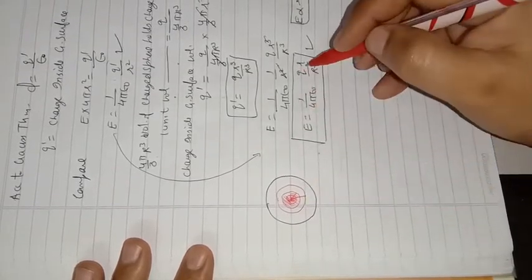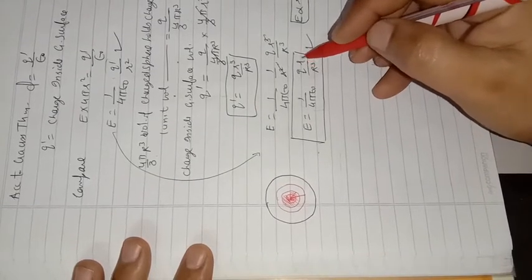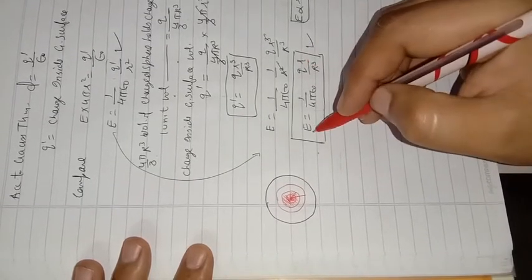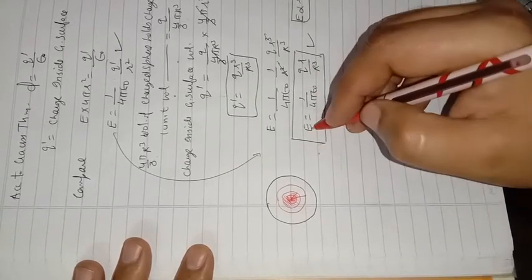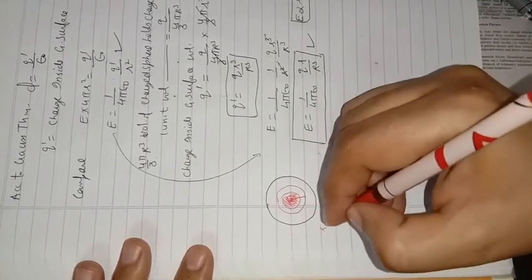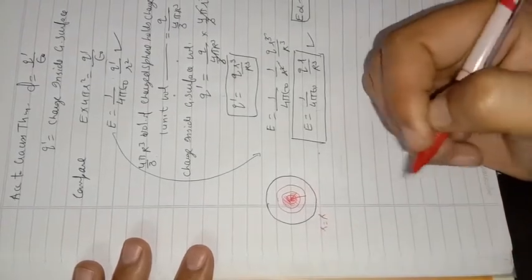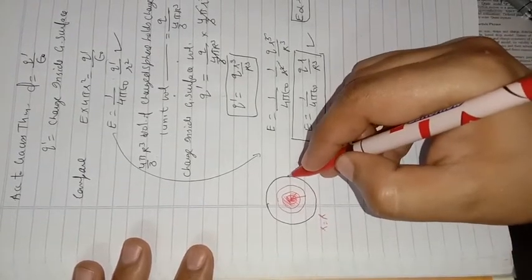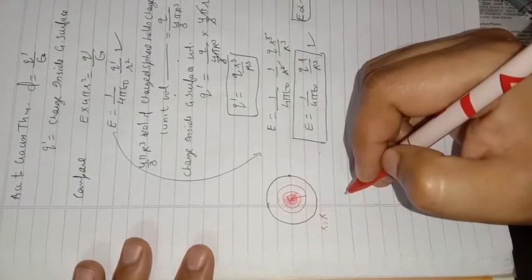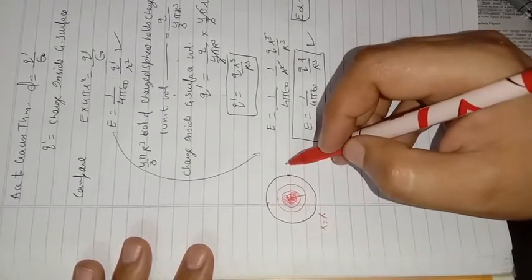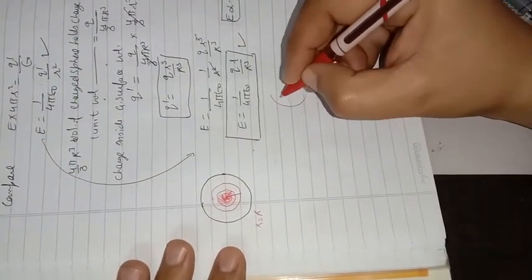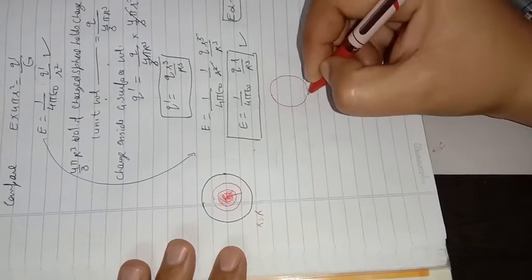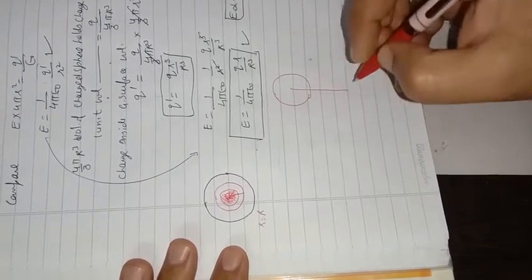So with the increase of Gaussian surface volume, the value of electric field also increases, and it goes on increasing until r becomes equal to capital R. That means when we are right on the surface of the charged sphere, and after that it goes on decreasing.